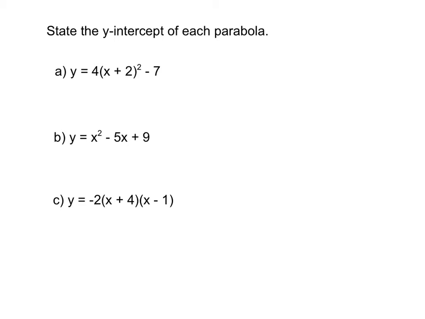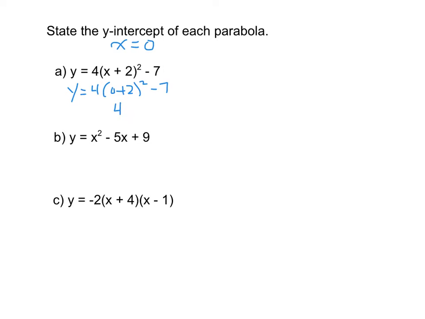Okay, so we're just going to state the y-intercepts for each of these. Just remember, when you are trying to find the y-intercept, you just sub in x equals 0. So y equals 4 (0 plus 2) squared minus 7. So 0 plus 2 is 2. 2 squared is 4.